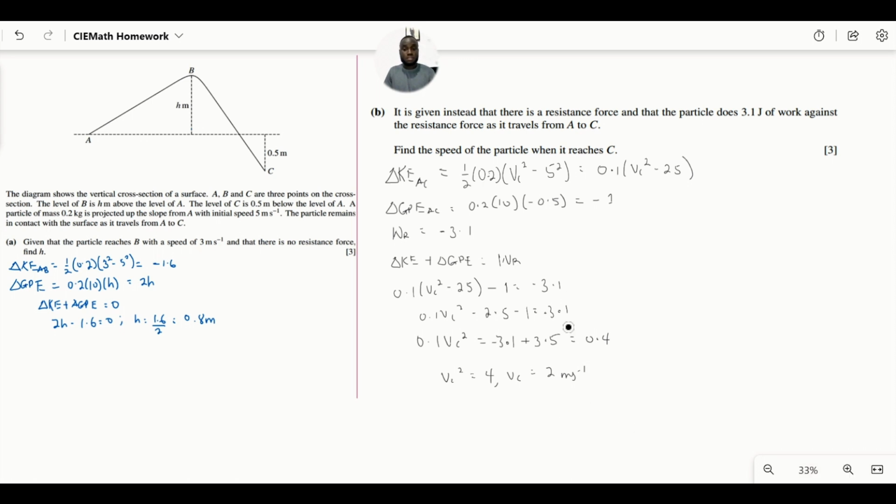So that's just something you need to know. So the general expression looks like this. You realize that whatever change in energy takes place, the sum of all those should be equal to the work done by any external force involved, whether they are for the motion or against the motion.